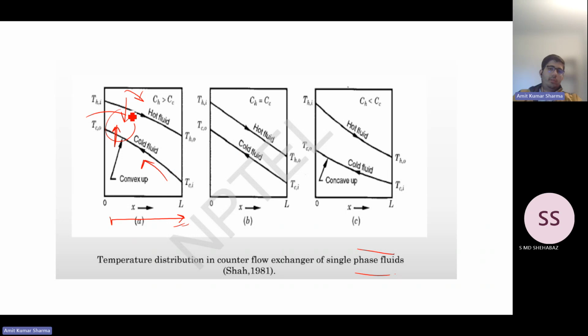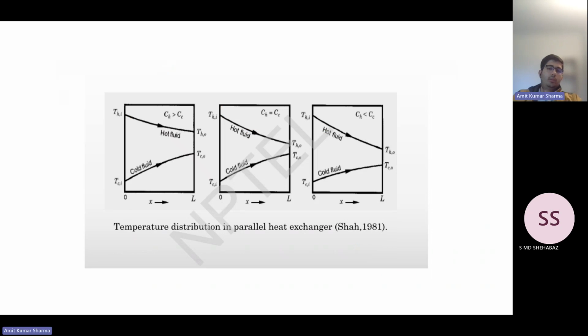Similarly, if the heat capacity of hot fluid is greater than cold fluid; if heat capacities are equal, you can see the difference is going to be the same. If heat capacity of cold fluid is greater than the hot fluid, it will be like this. Now it's for a parallel flow heat exchanger. So if this is the condition, you can see the difference.